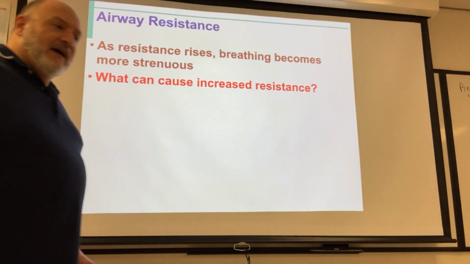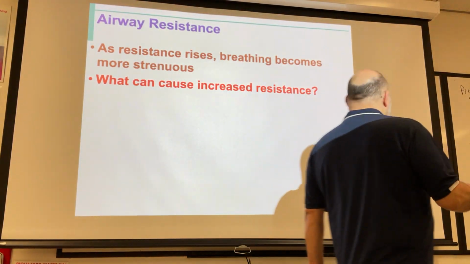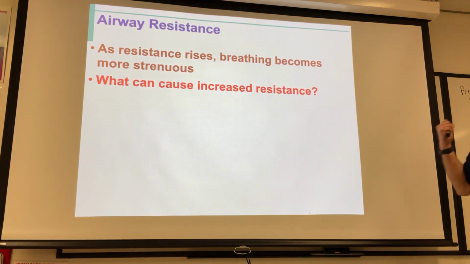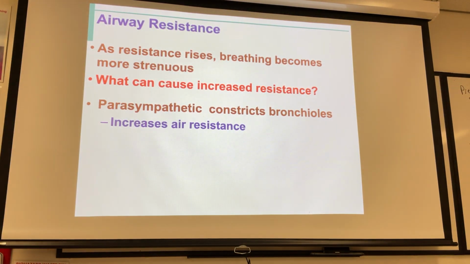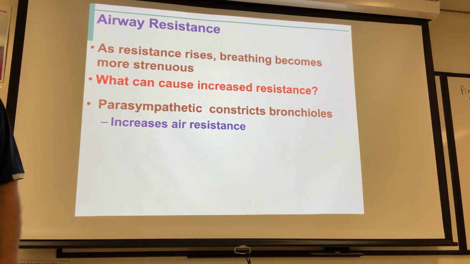So, again, the goal is to maintain that flow, but there are things that can affect the resistance. As we've talked about, changing the diameters of the medium-sized bronchi, but also our parasympathetic constricts the bronchioles as well. They're tiny, but there's many of them, so if we have a constriction in those, that can affect air.